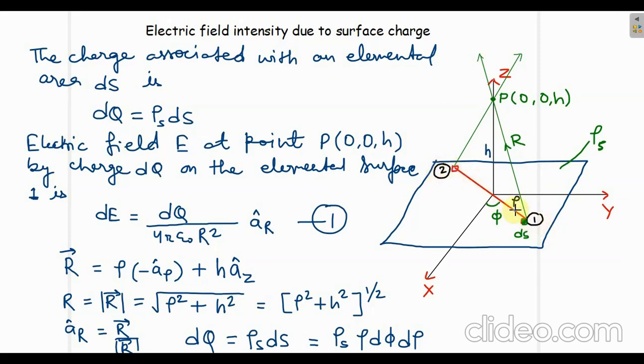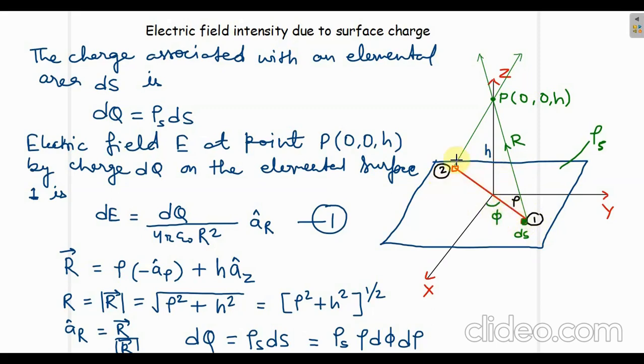So by symmetry everything is going to cancel. Whatever charge distributions are along this a rho, their contribution will be cancelled by the equal and opposite charge distribution at the other side. One is acting along a rho, and the other along minus a rho, so they cancel each other.